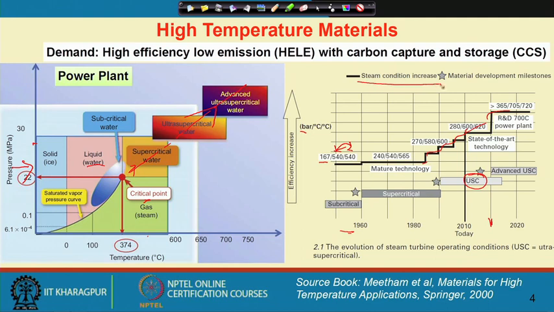Here the steam conditions increase and material development milestones are shown, where we need to develop materials that can be used at much higher temperature and pressure, so that the efficiency of the Carnot cycle will increase, or we can extract more power or electricity out of that cycle. Therefore, the demand for the material is very clear at this moment.